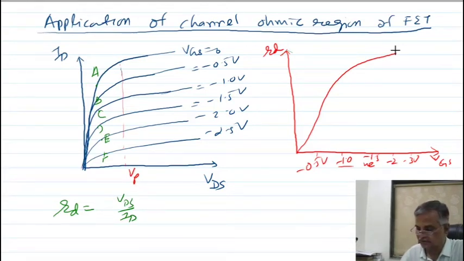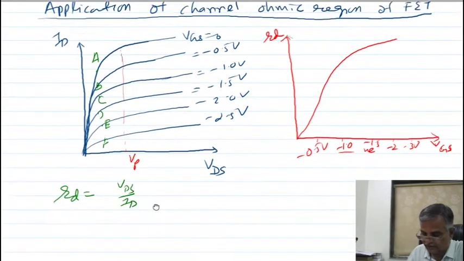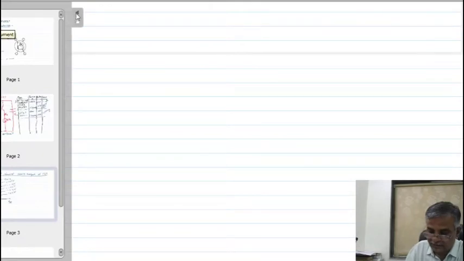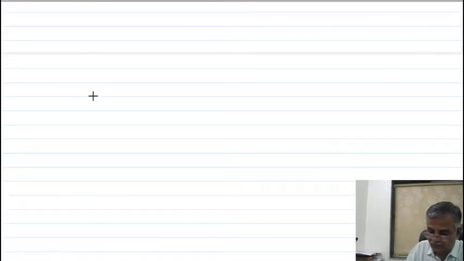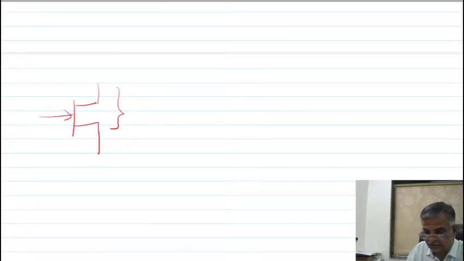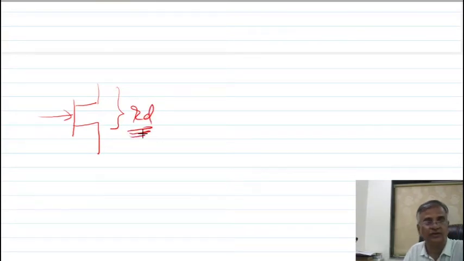Remember, as you increase the negative voltage, the resistance increases. It means your FET works as a variable resistance. This RD varies with the voltage. The resistance offered by the FET varies with the voltage.